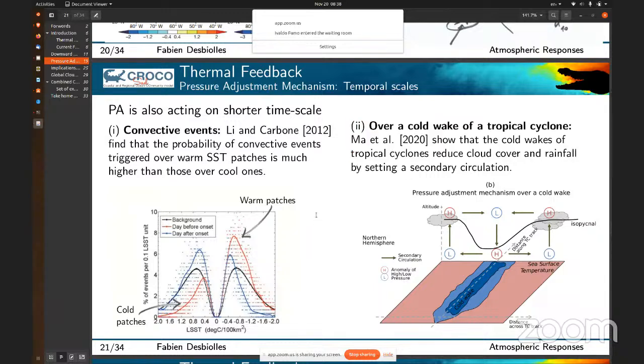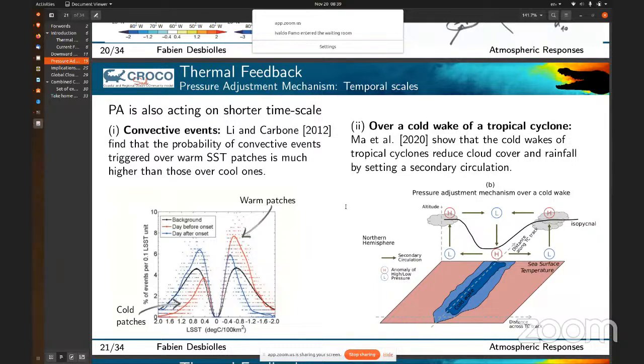Pressure adjustment is also acting on shorter timescales. On the left, I present a graph from Lee and Carbone 2012. They found that the probability of a convective event is triggered by the SST patches in the tropical ocean. We can see the red PDF, for example, and we have way more probability of convective events over warmer SST.